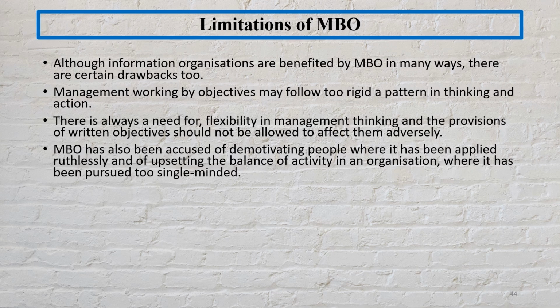MBO has also been accused of demotivating people where it has been applied ruthlessly, and of upsetting the balance of activity in an organization where it has been pursued too single-mindedly.